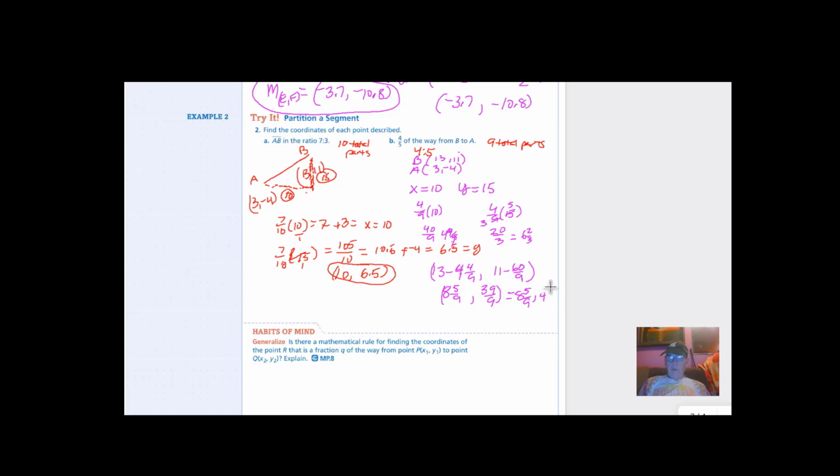And 3/9 is 1/3. So there's the mixed number location of the coordinate. Now let's go for the improper fraction version. 9 times 8 is 72, plus 5 makes 77/9.